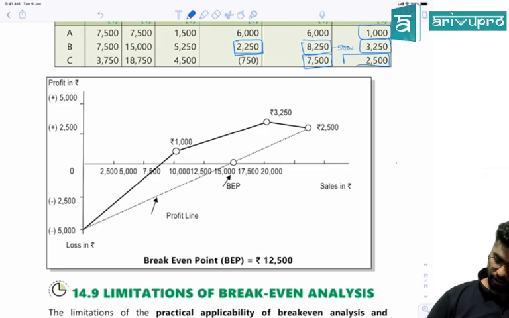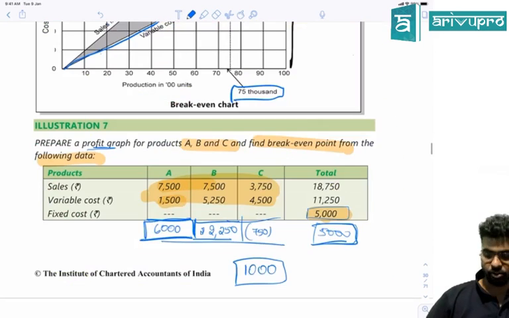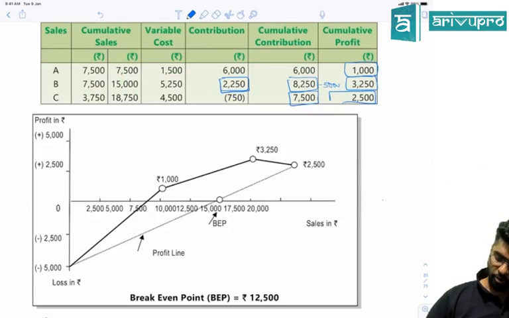See here, my cumulative sales, I have made 7,500, 7,500 and 3,750. So I made a cumulative sales of 18,750. So for my first unit, I am making 1,000 profit. Then I am making 3250.